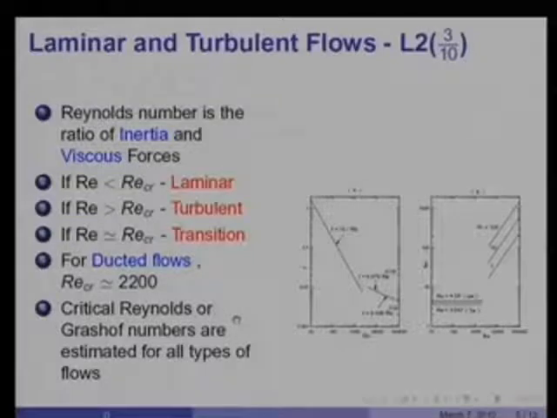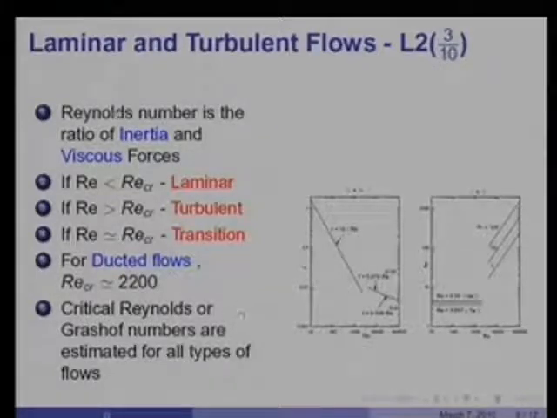Theories exist to estimate them, but usually the theories fall far short of what is expected from experimental results. It is extremely difficult to identify all causes of transition to turbulence, and theories can only capture some of the causes of transition to turbulence.